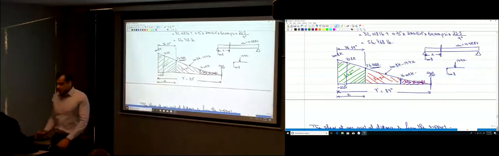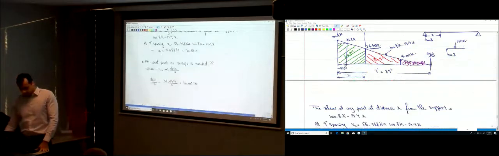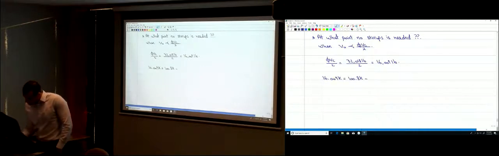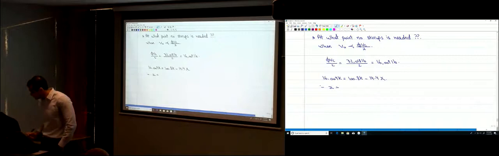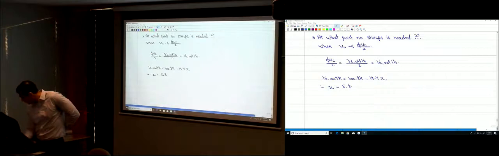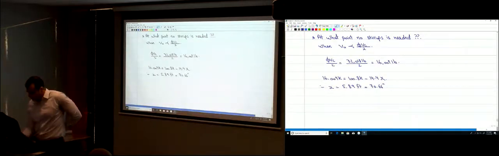So I have the shear 16.009 K equal to 100.8 K minus 14.4 X. Therefore, X is, in feet, 5.89 feet. Multiplying by 12, that's going to be 70.66 inches.